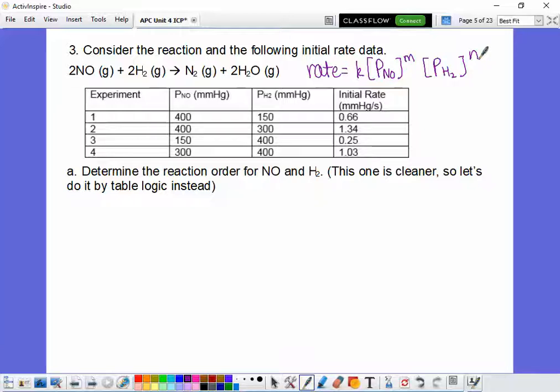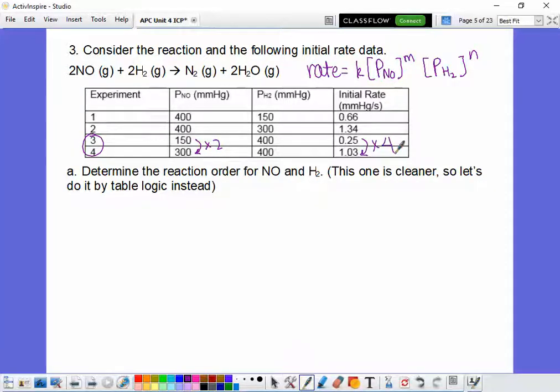Which 2 experiments is only the pressure of NO changing? 3 and 4. So from 3 to 4, what is happening to the pressure of NO? It's doubling, multiplying by 2. And therefore, what's happening roughly to the initial rate? It's quadrupling.